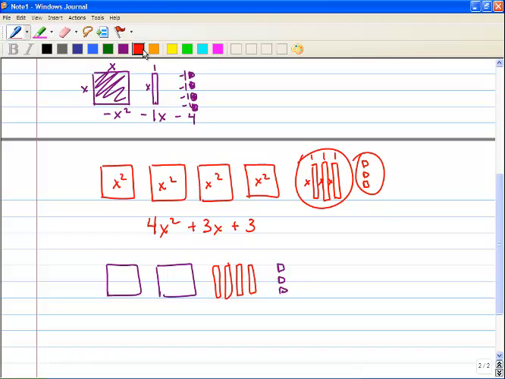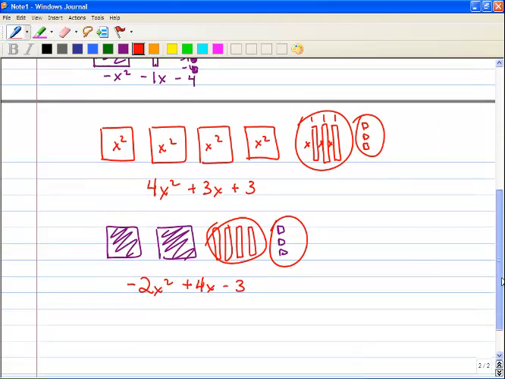So if we're going to write this out, we have negative 2x squared, because we have 2 of these that are negative. We have a different color, and when we do them in real life, we'll have different colors for positive and negative. And then we have a plus 4x, because we have 4 of them. And then we have minus 3, because we have 3 negatives right here.